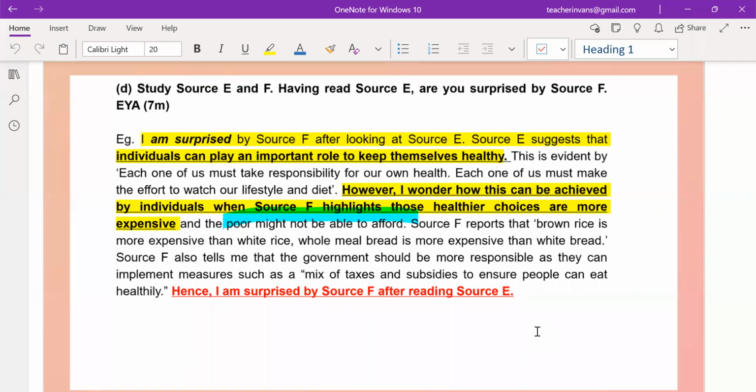Source F also tells you that the government should be more responsible in comparison to the individual that was mentioned in source E. So that's why you are surprised. You're surprised that even the policymakers, they are not having the same narrative or same vocab.